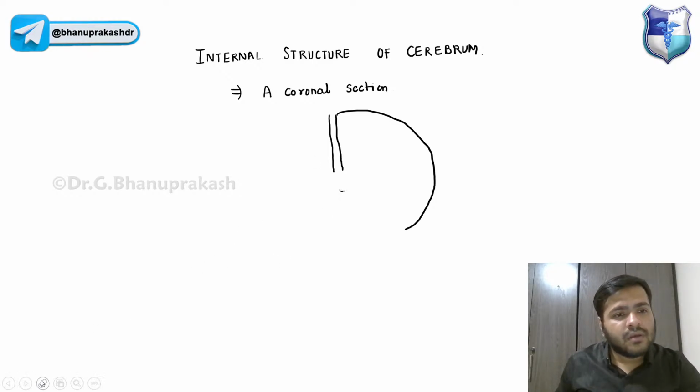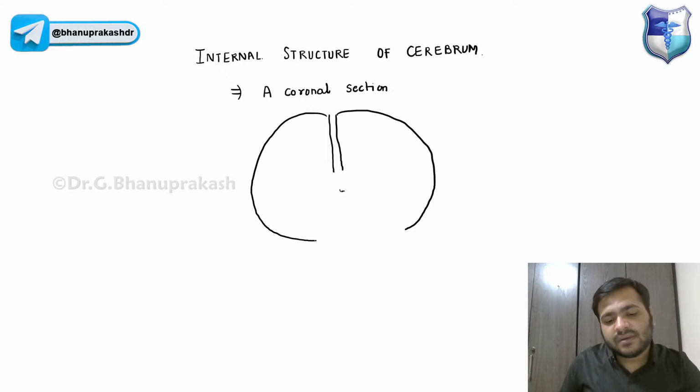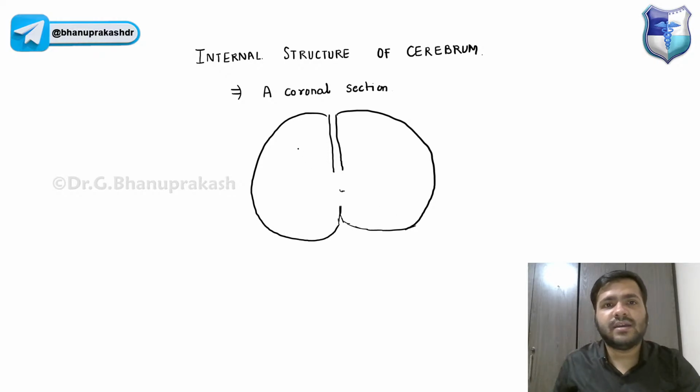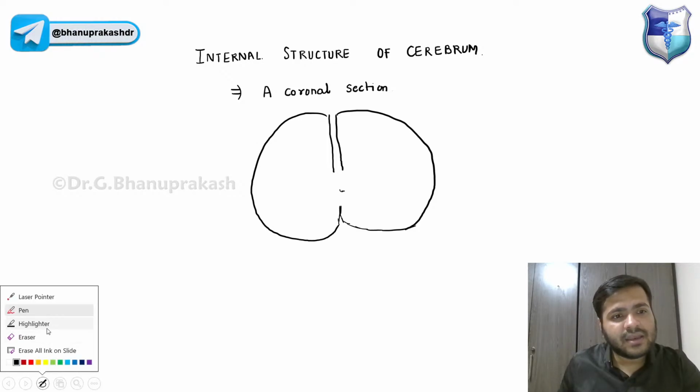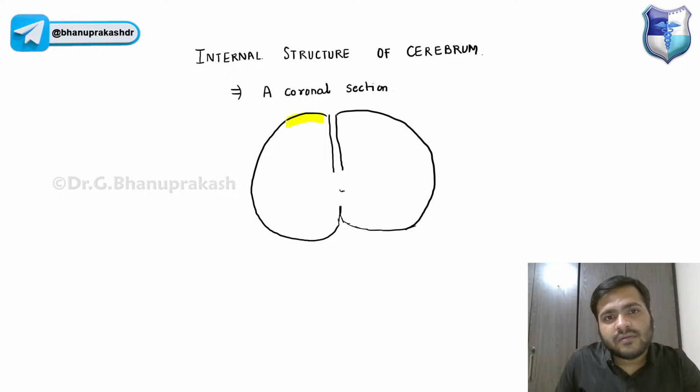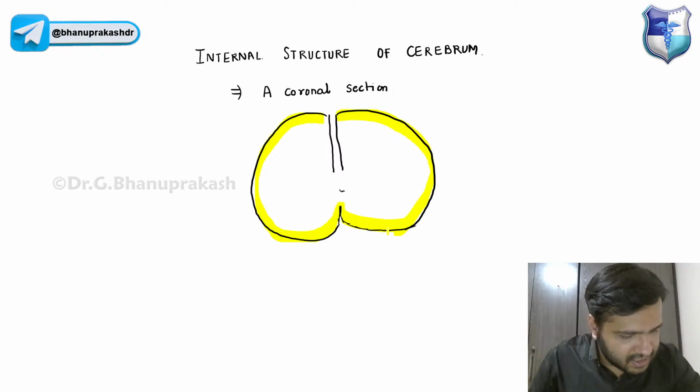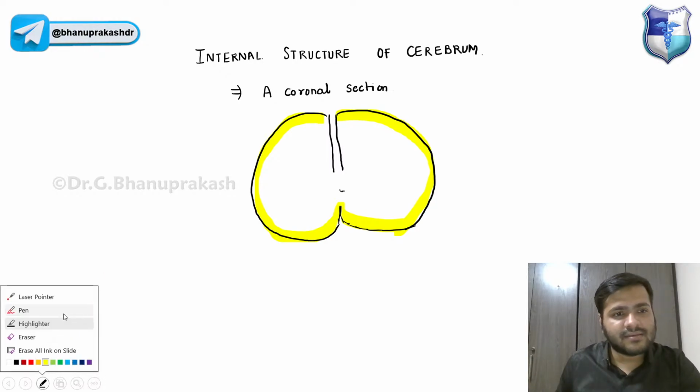Now, guys, remember that the outer area of these two cerebral hemispheres is the cortex. So we have the outer gray matter area. I'm just telling you the parts as of now. The outer gray matter area which you can see is the cerebral cortex.